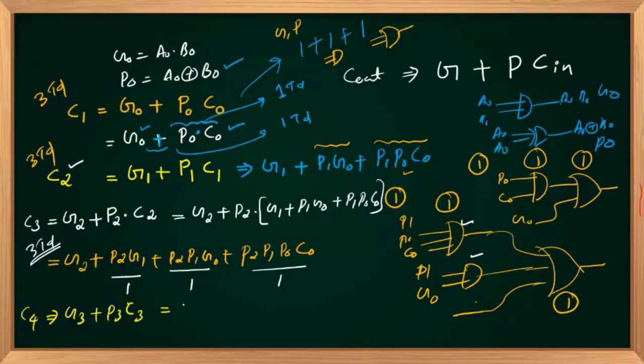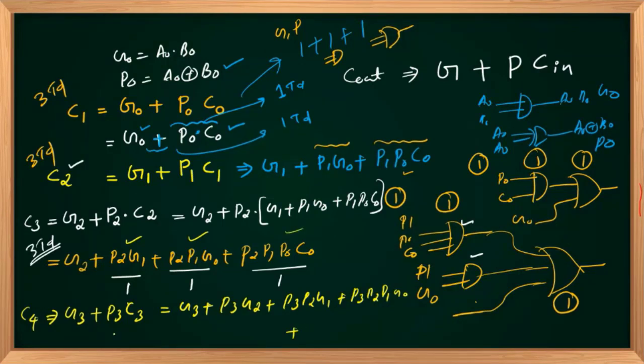That is equal to G3 plus P3 multiplied by C3. What is C3? C3 is G2 plus P2 G1, so P3 P2 G1. The third term is P2 P1 G0, so P3 P2 P1 G0, plus the last term is P2 P1 P0 C0.